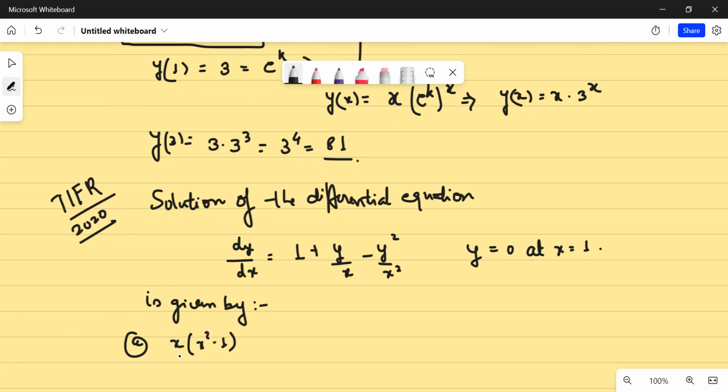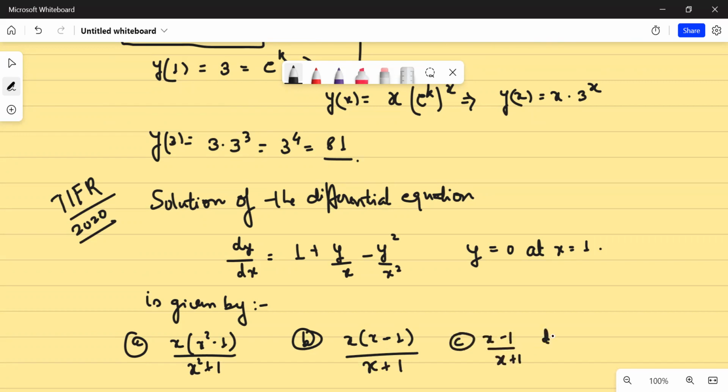These are the options. I hope it is easy. I think it is fairly easy. We'll be able to do it. Don't worry.